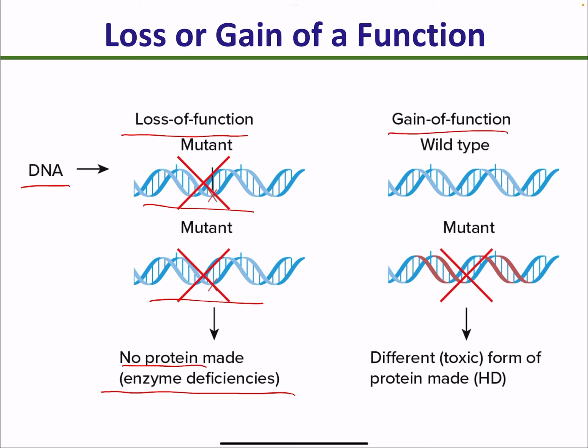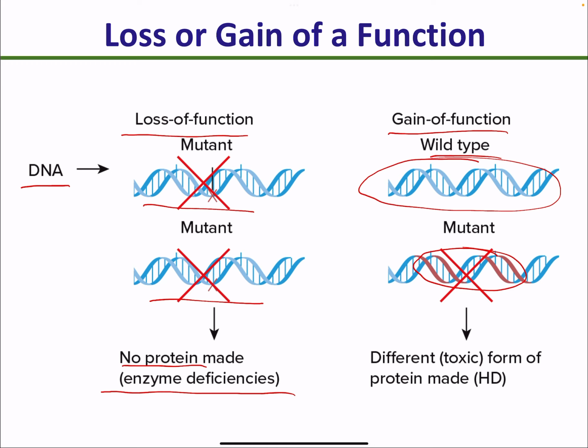Now, in terms of gain of function, this can typically happen when you have a mutation that occurs in one allele while the other piece of DNA is going to be clean, right?